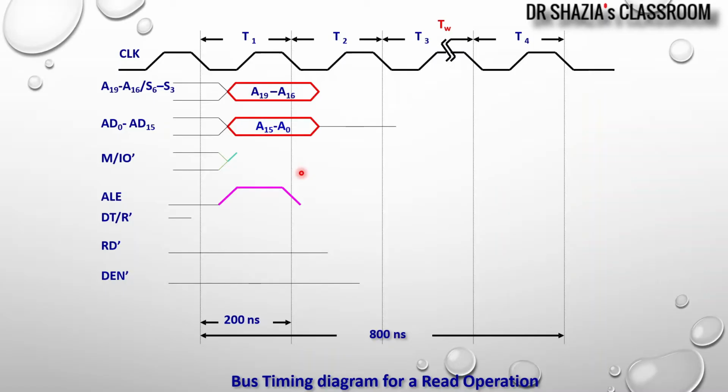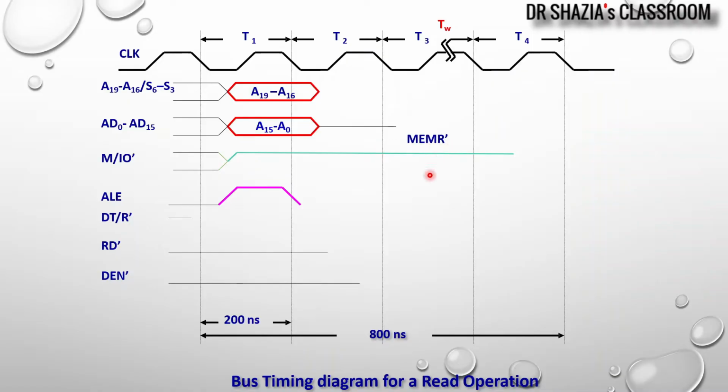A few other signals which also get activated in the first T state are M/IO bar. If I am going for a memory read operation, then M/IO bar goes high, so the signal should move from 0 to 1. This is also done in the first T state.